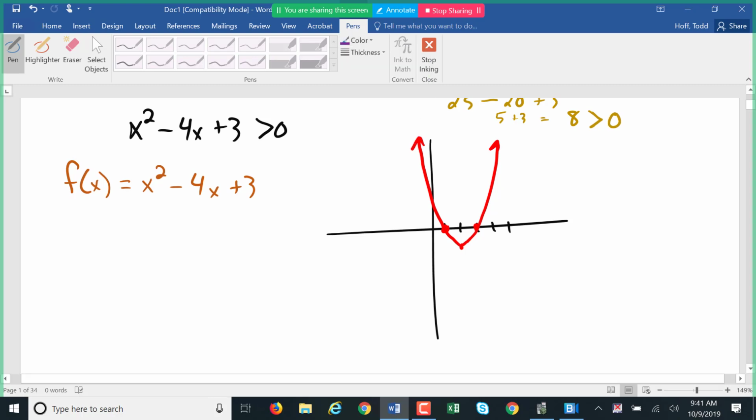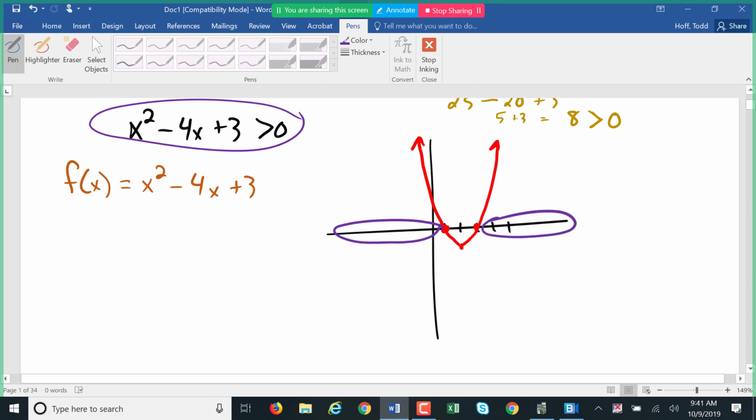And from that graph, we can actually solve this inequality. Where is it less than 0 or greater than 0? Well, the graph is above the x-axis in this region and this region. So that's another possible way of solving these. If you like to graph them, you can just graph them out and see where the graph is above the x-axis or below it.